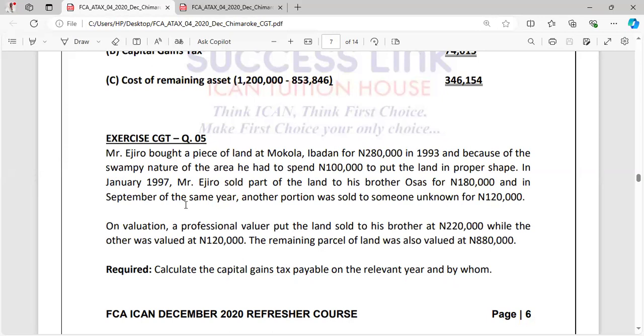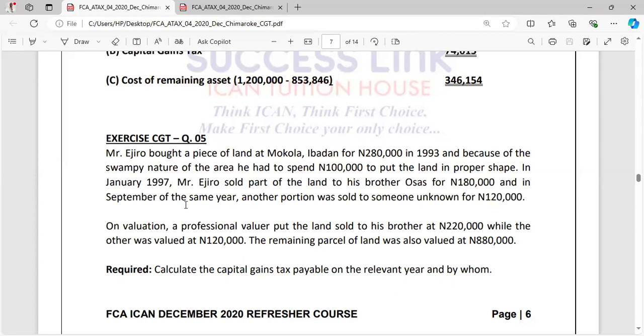In order to determine that, they will call a valuer who will value the land you sold to your brother to see whether you sold it at a reasonable price that is supposed to yield capital gains. If you sold it at a lower price than what the valuer gives, the tax people will assume that you sold the land to your brother at the valuer's price.